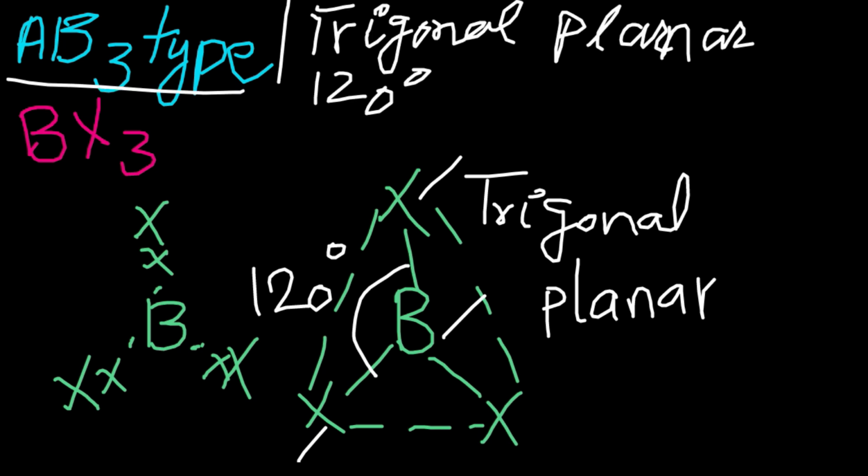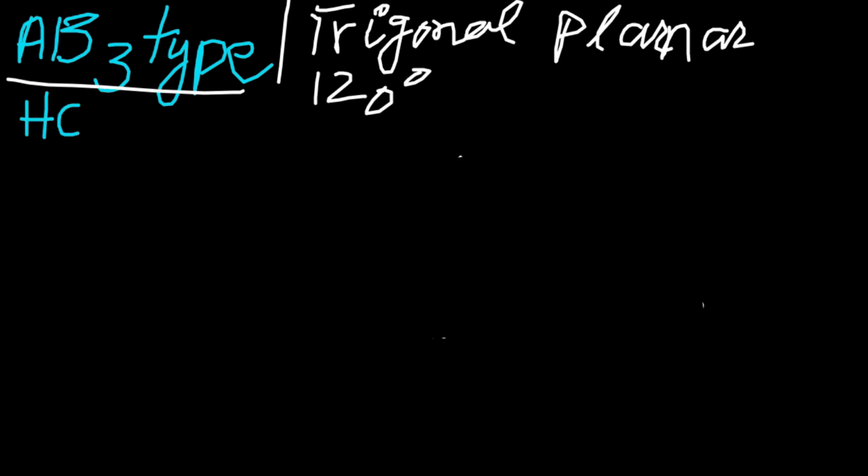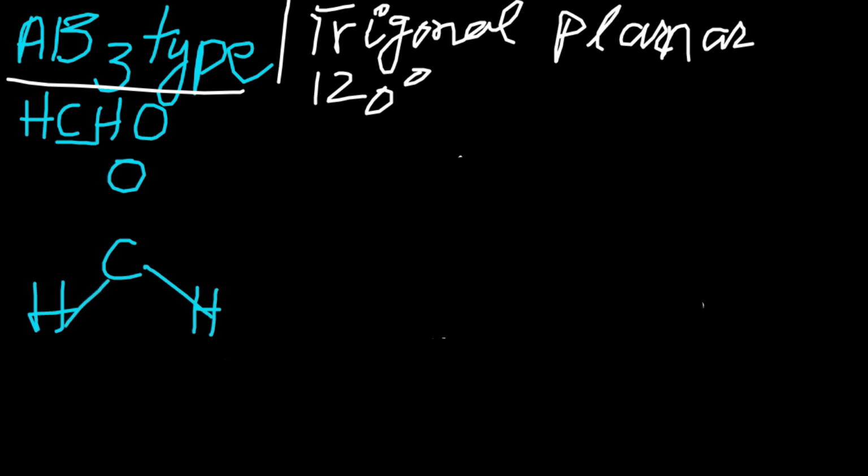The other molecules of AB3 type are formaldehyde, where the central atom is carbon, that can make 4 bonds. As carbon is joined with 2 hydrogen and 1 oxygen atom, hydrogen can make a single bond with carbon, and oxygen can make a double bond with carbon.